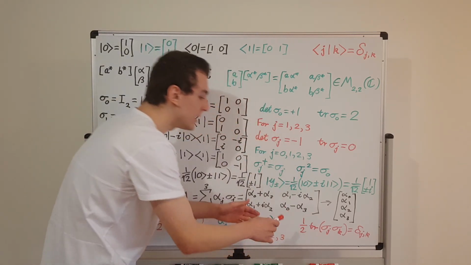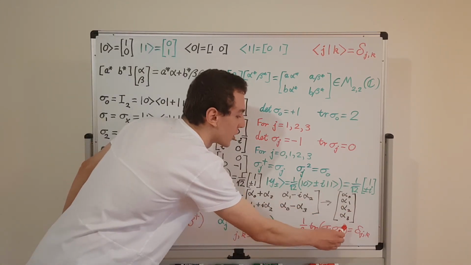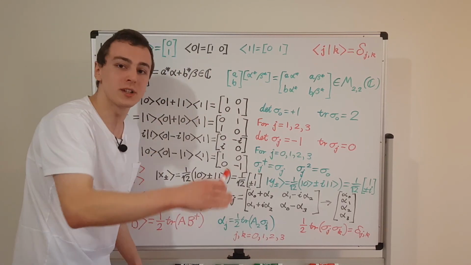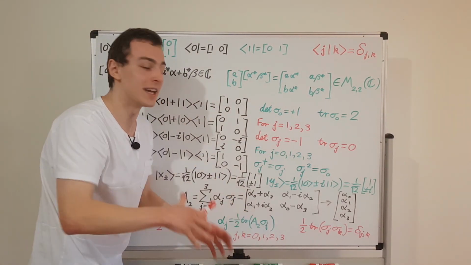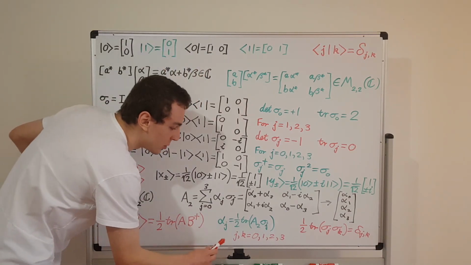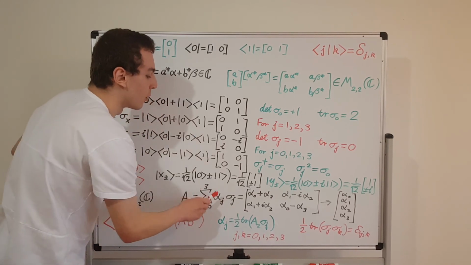So we can write any one of these 2x2 matrices as a column vector, because this is a vector space. And it's also an inner product space because it's a vector space equipped with an inner product. And then we also used that inner product to find the coefficients in this linear combination.